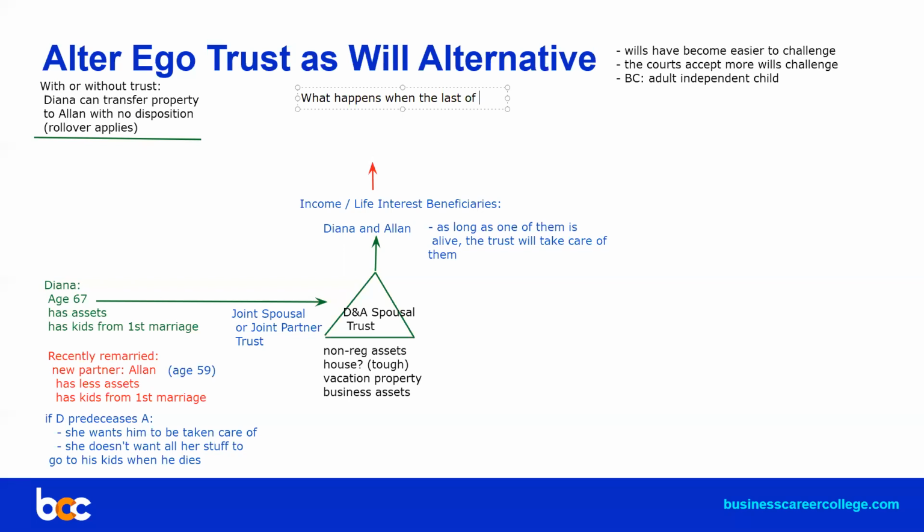That's the whole point of this exercise. What happens when the last of them dies? Well, what we're going to have now is capital interest beneficiaries.